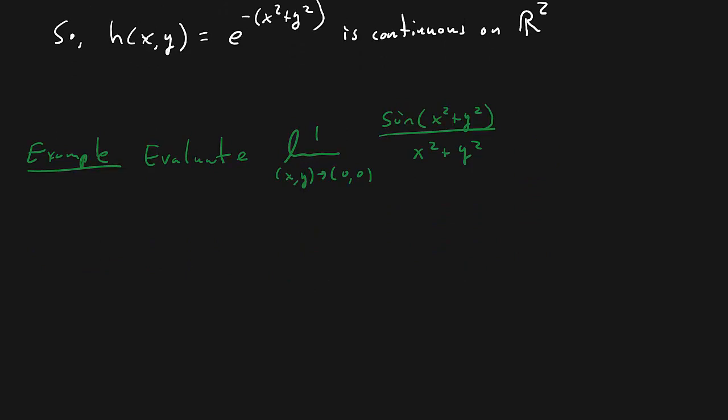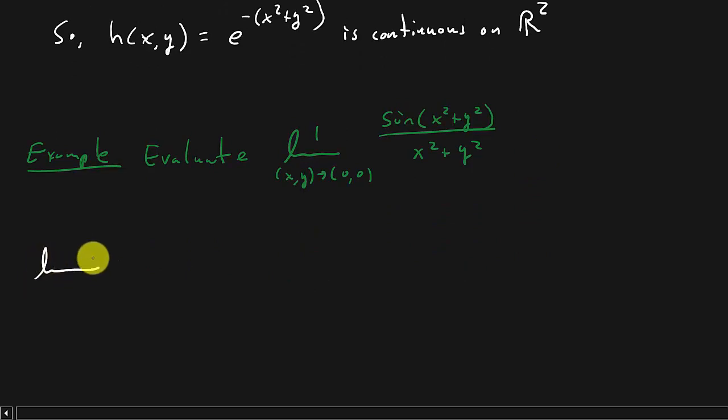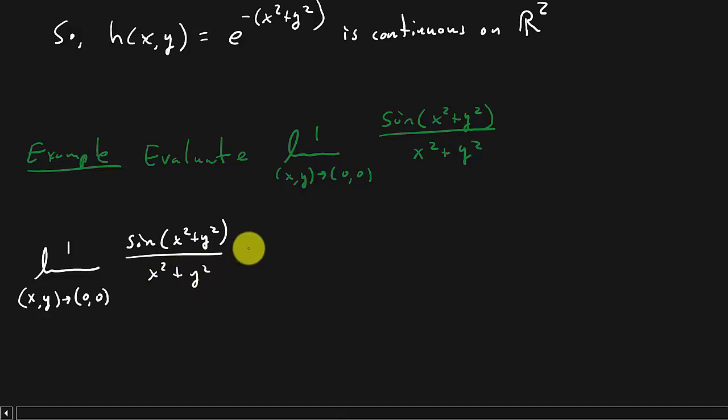So we've got the limit as (x, y) goes to (0, 0) of sine of (x squared plus y squared) over (x squared plus y squared) equals the limit as (r, theta) goes to (0, theta).